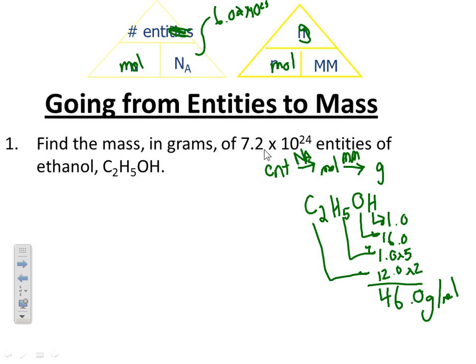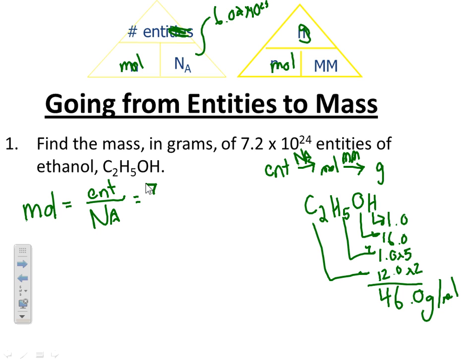So I'm starting with entities. I know Avogadro's number. I need to find moles. Moles equals entities divided by Na.